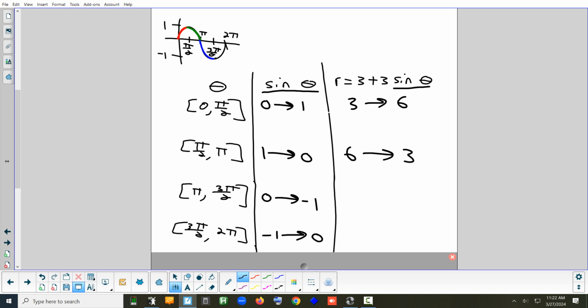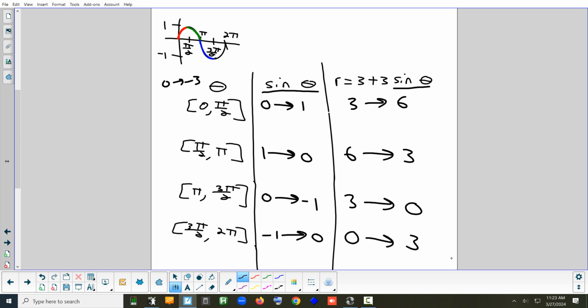So if we had 0 to negative 3 and you add 3, that's 3 to 0. And then this bottom one is just the top one switched. So that gives us an idea of what's happening to the radius in each section. Are there any questions on how we figured out what R is doing?